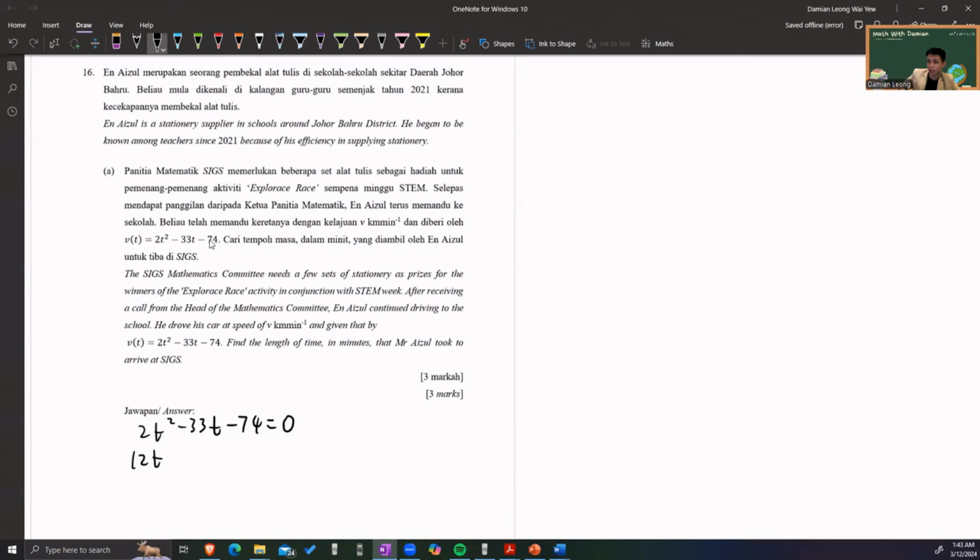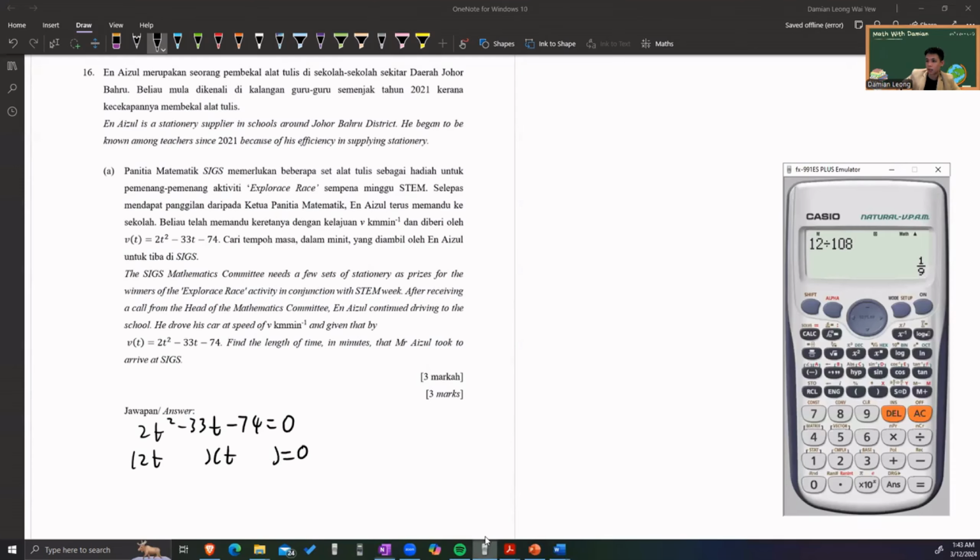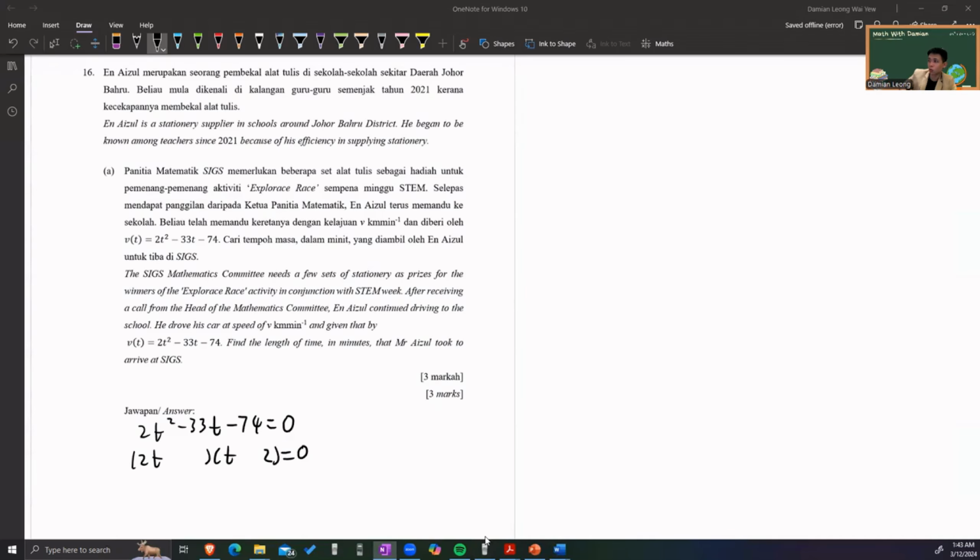Then we factorize: 2t, t, then 2 times 74, 148. 148 can divide by 4, yeah, 4 times 37, so means 37. So it's minus 37 plus 2.